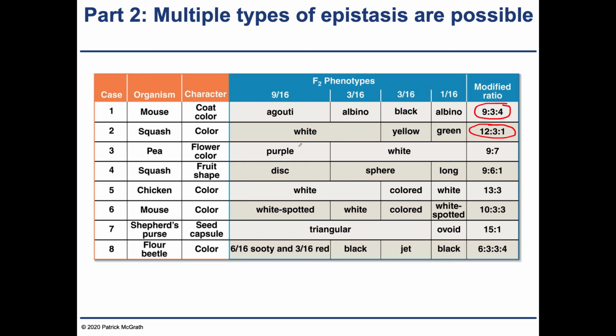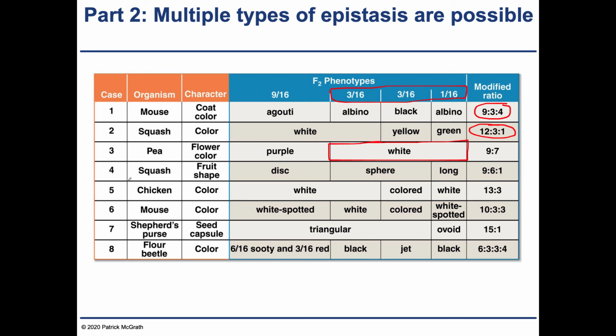An example in peas with flower colors is these three categories. Anything that has a recessive has the same phenotype, so we group these all together as having the same color. In this case, when you add the 3 plus 3 plus 1 together, the ratio that you get is 9:7.